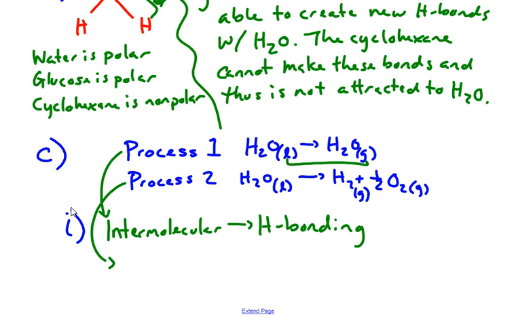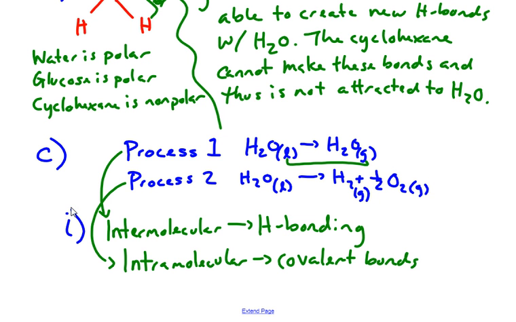Process number two, you are ripping H2O apart into its elements. So this is an intramolecular, and specifically, there's only two kinds. As far as you're concerned, there's ionic compounds or there's covalent compounds. Those are covalent bonds. So if you just write covalent bonds, you'll be good to go. So that's how that one works.